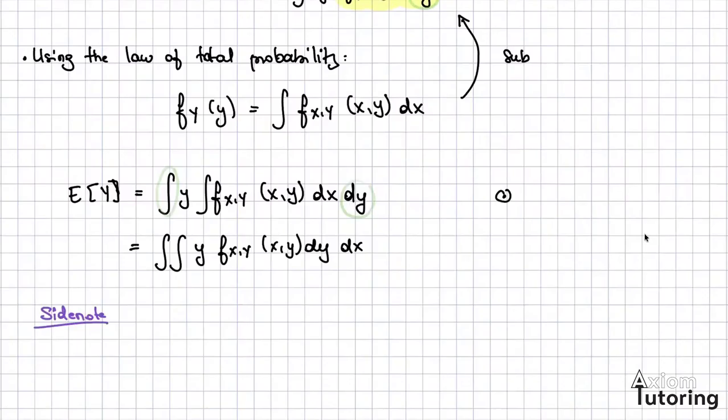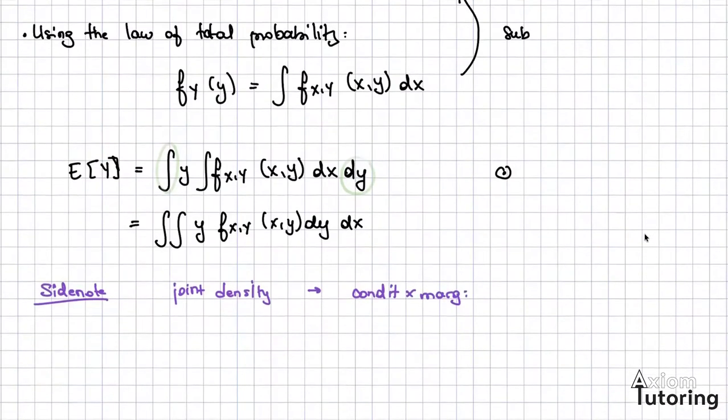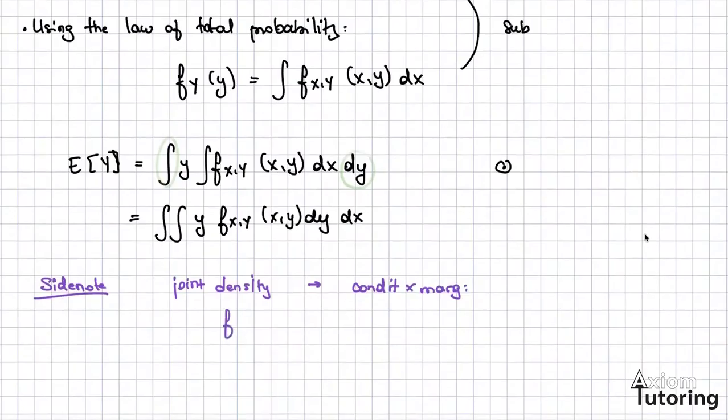What we're going to use is that the joint density, we're gonna express it as the conditional density times the marginal density, which mathematically looks like f of xy equals the conditional f of y given x, conditional on x, times the marginal one, which we defined earlier, f of x for a particular value of x. Okay.